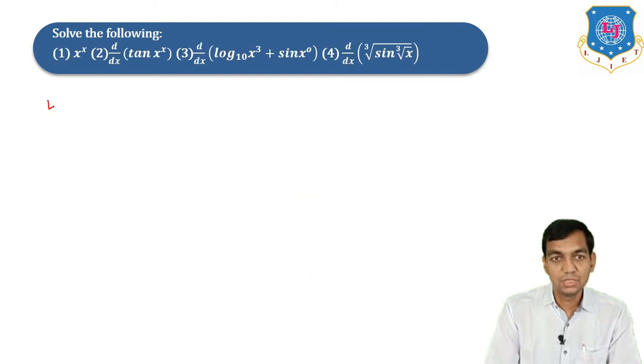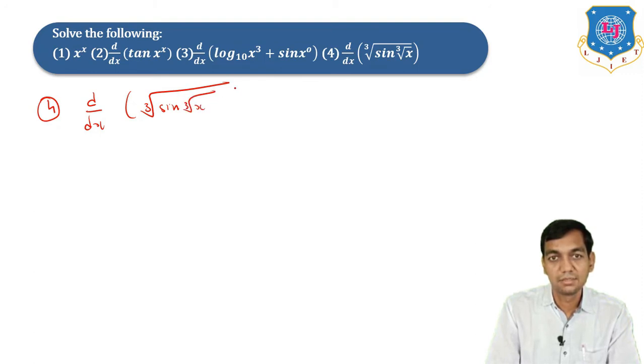Same thing for question number 4, d by dx of cube root of sine cube root of x. Okay, now first of all, if you are not aware of it, then I am going to write this as sine of x raised to 1 by 3, whole raised to 1 by 3.